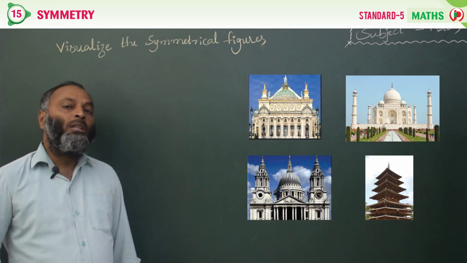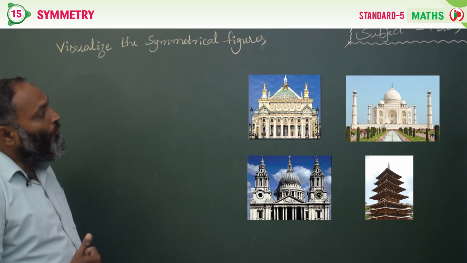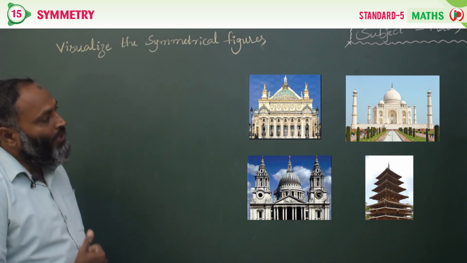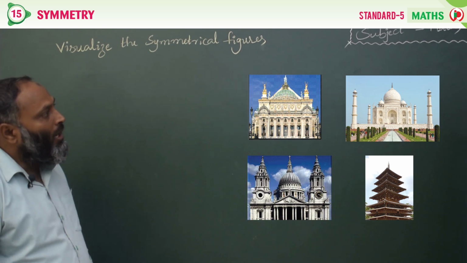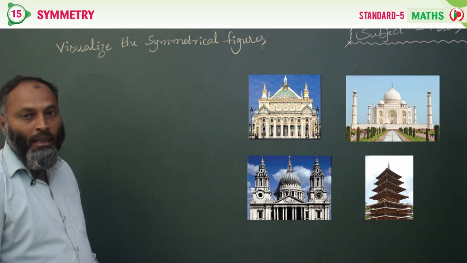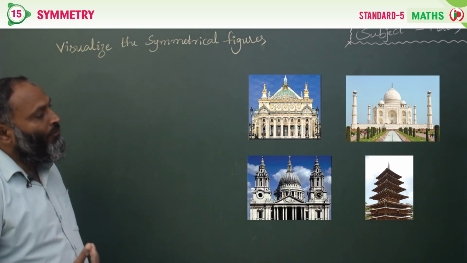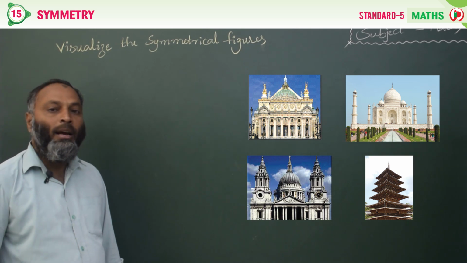How do we know that all four are symmetrical in shape? If we observe carefully, these are symmetrical. If we draw a vertical line, then the left and right parts are both identical.